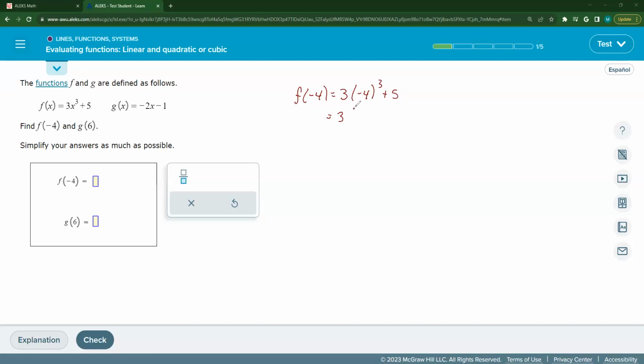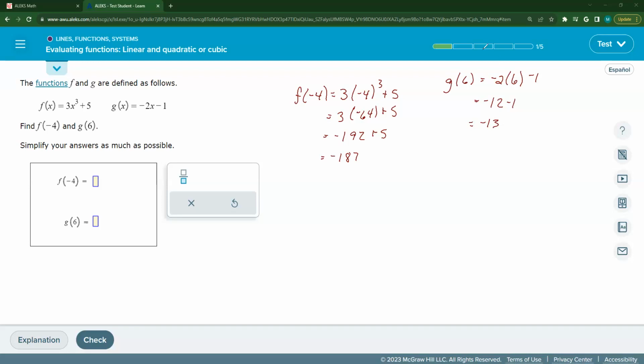3, I'm going to do parentheses, plus 5, -192, plus 5, -187. All right, and then g of 6 is just going to be -2, replacing the x with a 6, minus 1, -12 minus 1, -13.